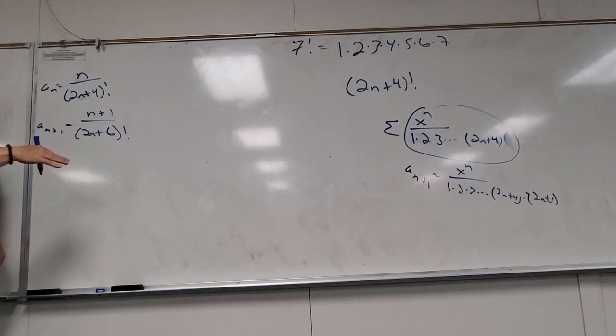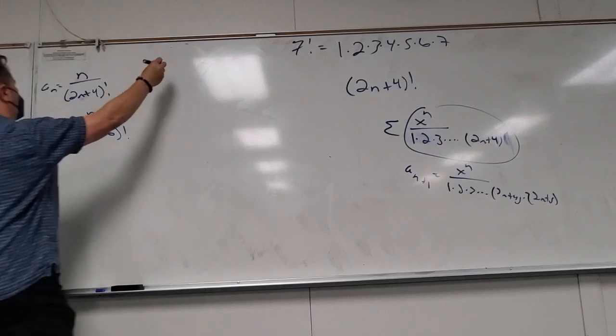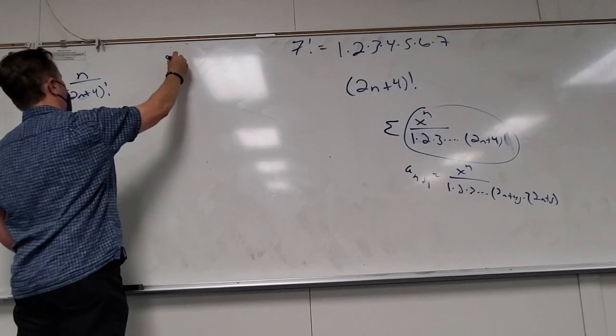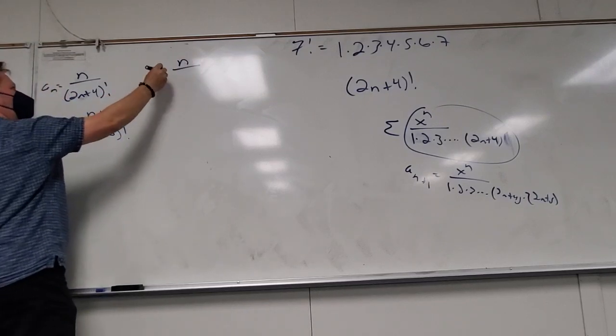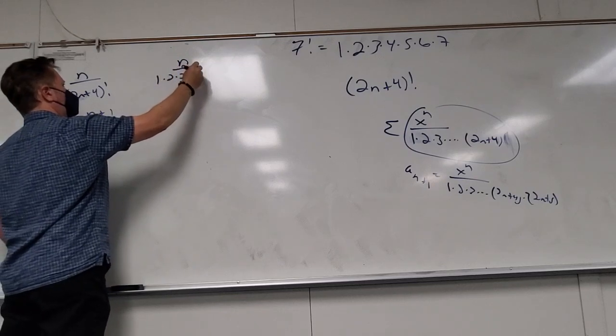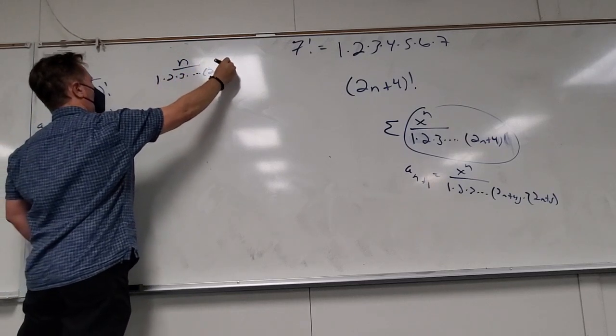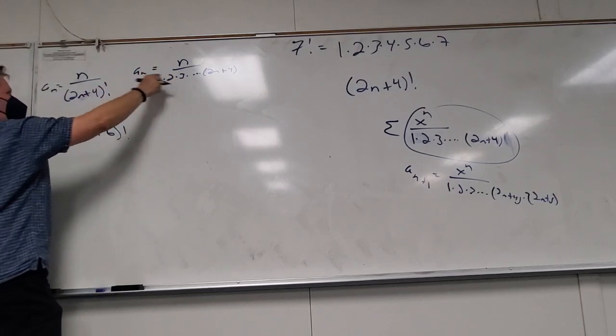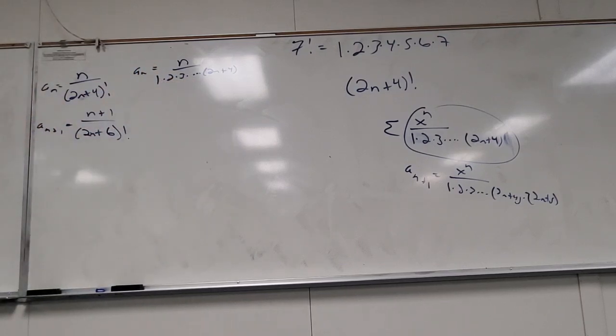And if I do the ratio test, everything's going to cancel except 2n plus 6 and 2n plus 5, right? Now, if I write it like, let's see, n over, how can I write this better? 1 times 2 times 3 times 2n plus 4, that's a_n. These are the same thing, you guys agree with me? Is that cool?